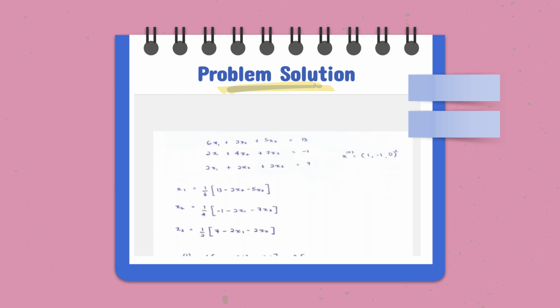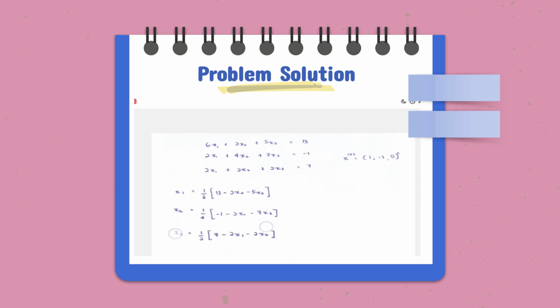From problem set 1, we can get the equation and the value for the x0 iteration, which is for the x1, x2, and x3 values. First of all, we need to find the x1, x2, and x3 first, just like how it's shown here.